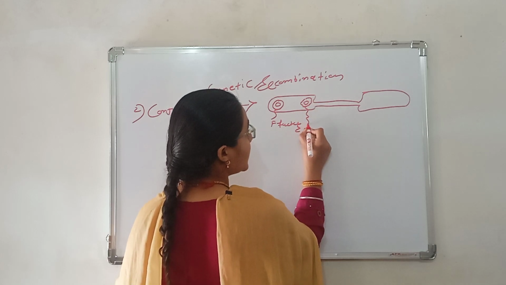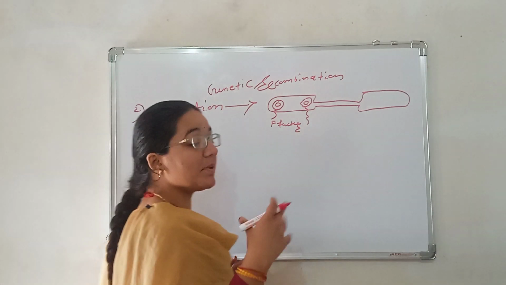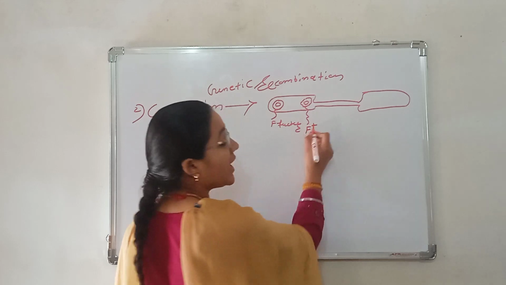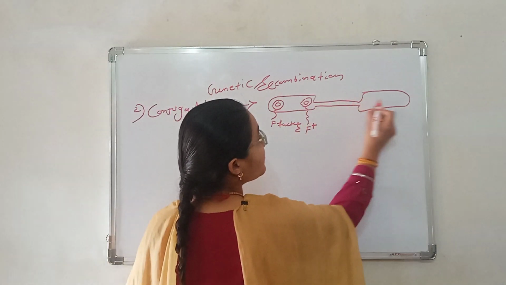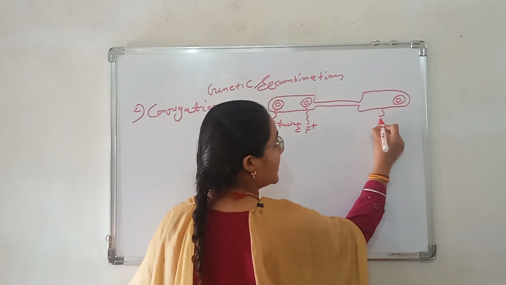For example, these two cells are differentiated from each other, for example male and female. So it's the F plus cell. F plus cells are donor cells. They donate their genome into the F minus cells.